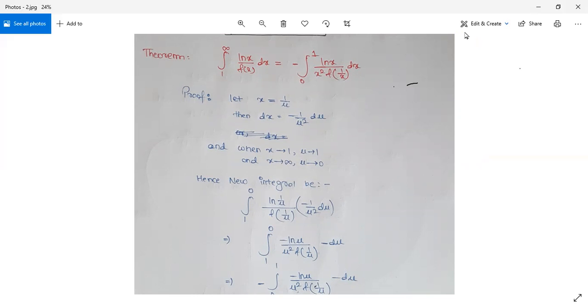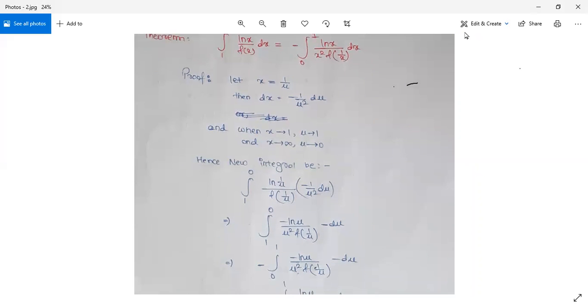When I differentiate both sides, it will be dx equals negative 1 by u square du. This is very simple calculus. Differentiating 1 by u with respect to u gives minus 1 divided by u square du. And the people watching this must be sure about how to differentiate such simple algebraic expressions.